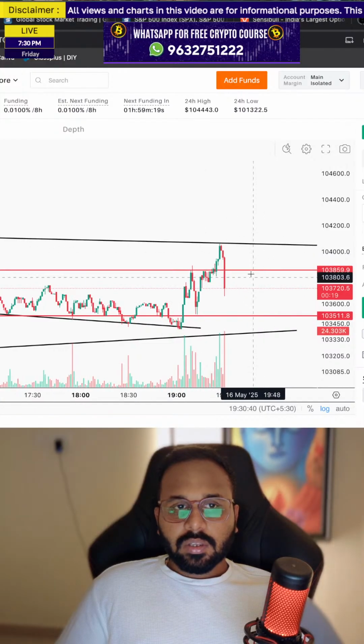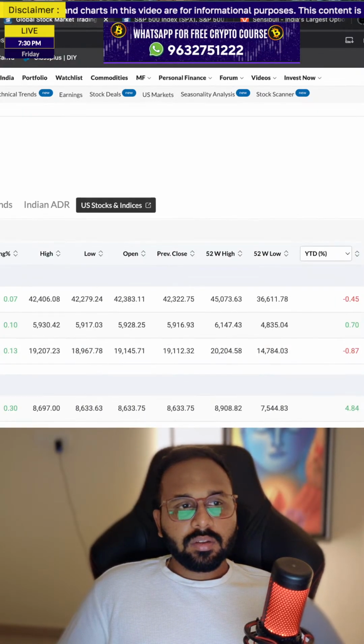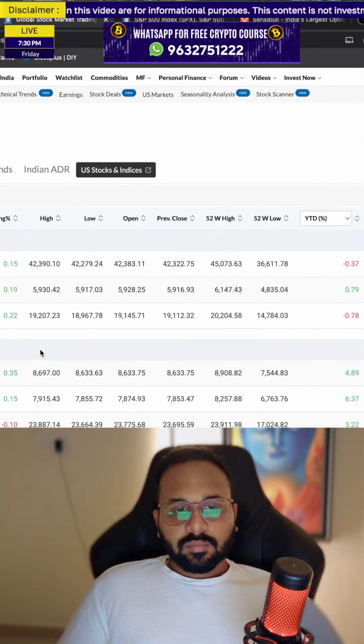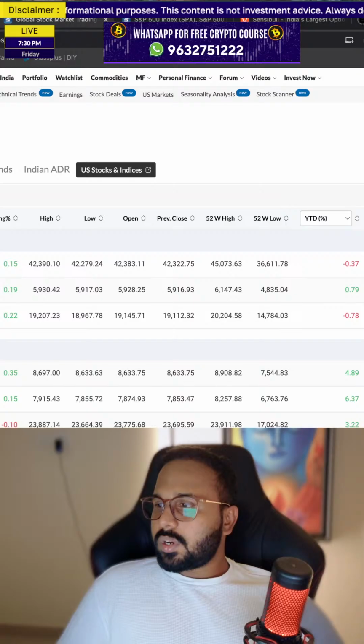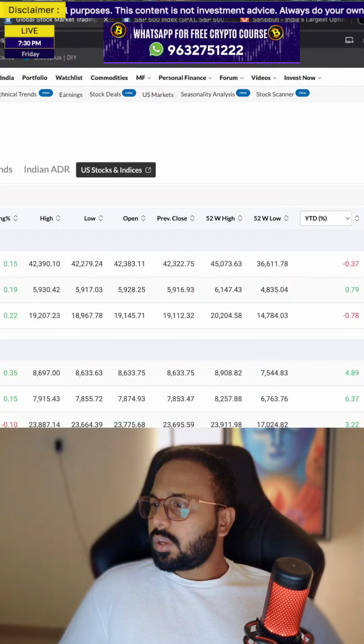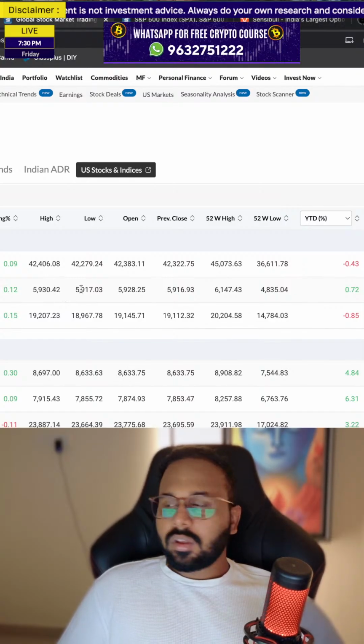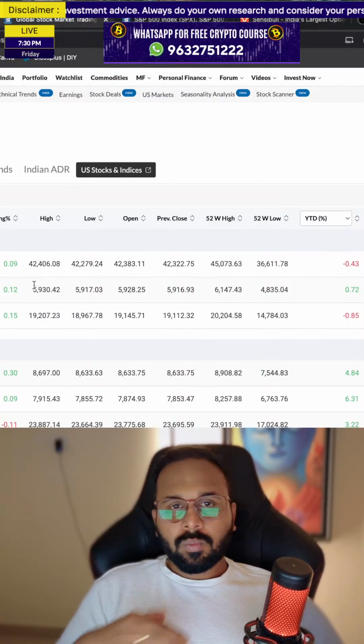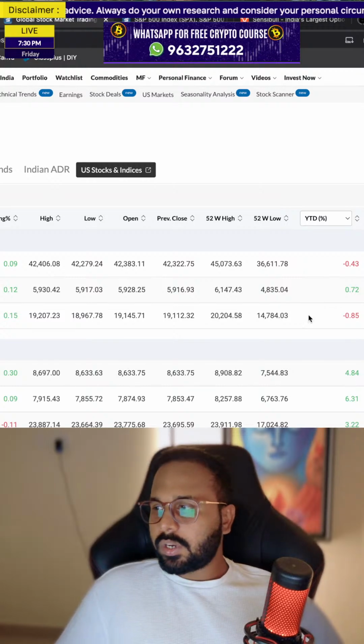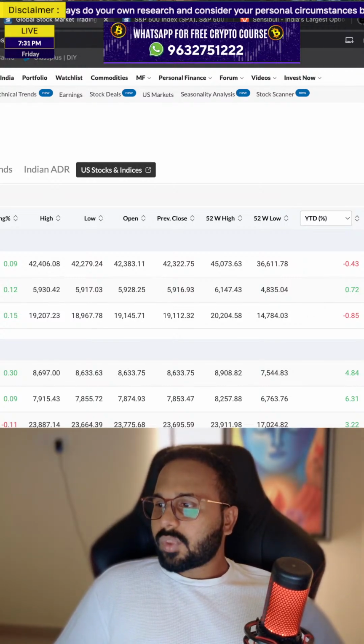Breakout, hunted the SL. Global market slightly positive. I'll go back and see what S&P 500 and Nasdaq are doing. S&P 500, it's not able to break the day's high. After opening with a gap up, it is just trading within a range. That's an issue.